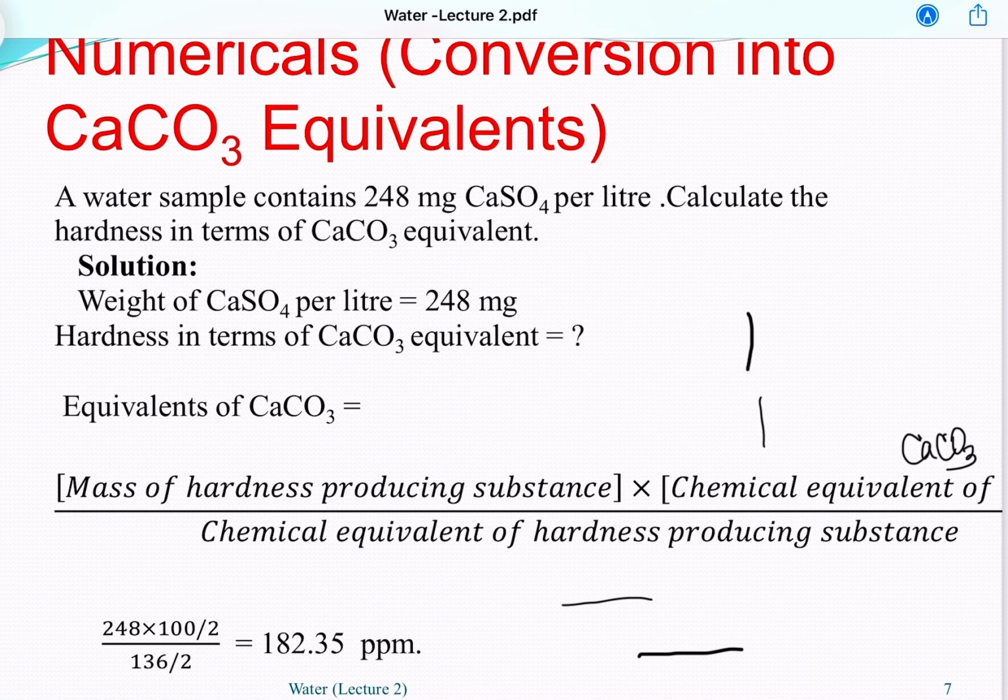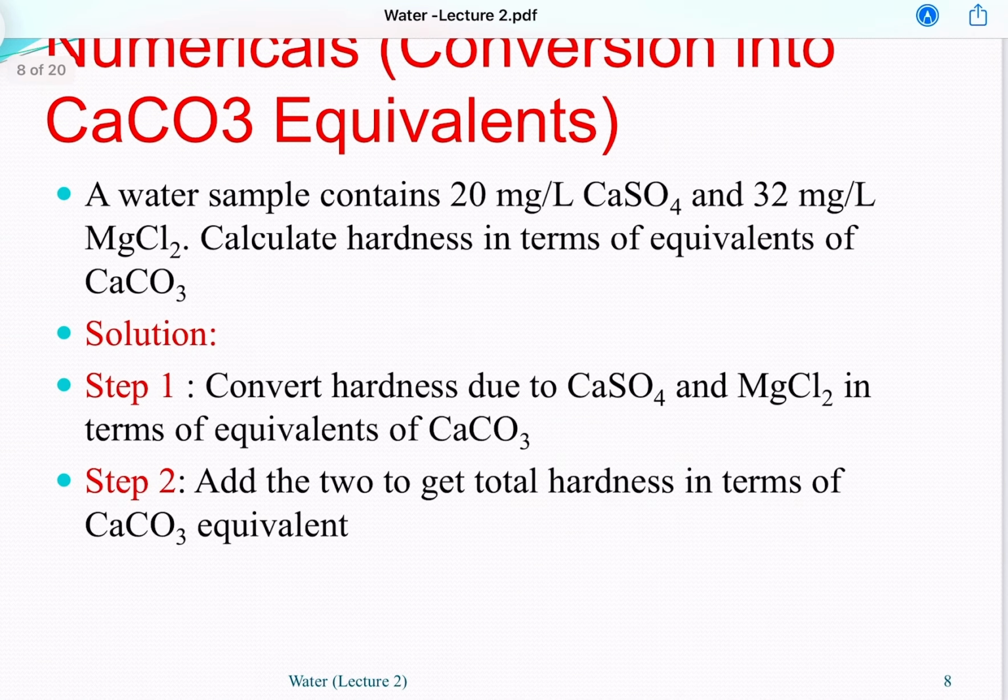Here you have to write that this is hardness in terms of CaCO3 equivalents. This is very important, every time we have to write in terms of CaCO3 equivalent, so that we know exactly whether it is calcium sulfate or calcium sulfate expressed in terms of equivalents of CaCO3.